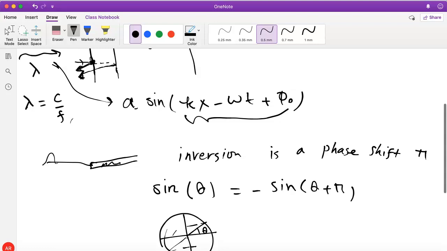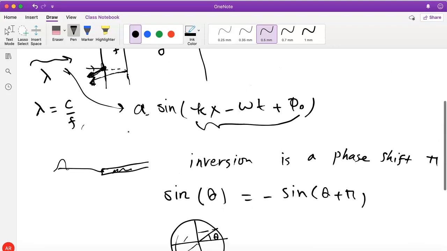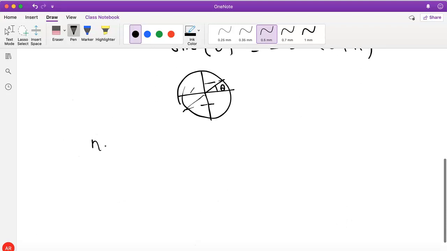If you want to think about the phase at some point here between this reflected one and the secondary reflection, we have to see what's happening. First, NF is definitely larger than 1. It's some material, so the speed is going to go down.